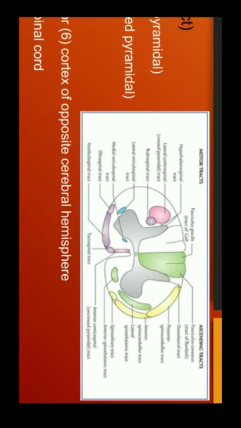The lateral corticospinal tract occupies the lateral column of the spinal cord and lies on the sides of the posterior horn. Then comes the rubrospinal tract, which lies just in front of the lateral corticospinal tract. The anterior corticospinal tract lies on the sides of the anteromedian fissure. Next to it lie the tectospinal tract and vestibulospinal tract. These are a few major tracts we are going to study regarding the descending tracts.